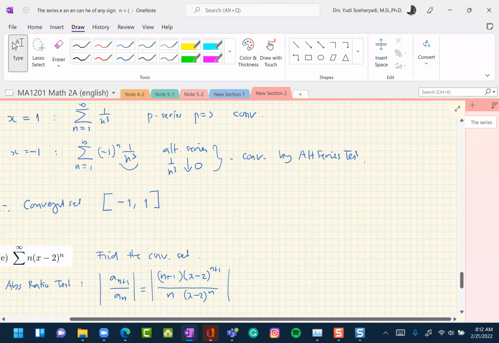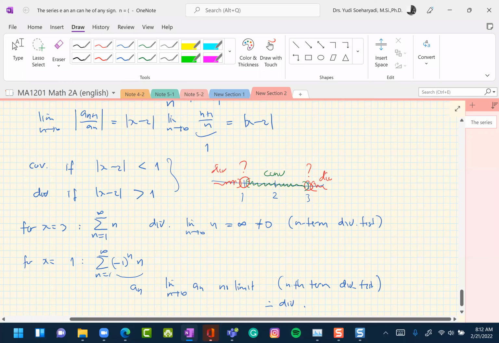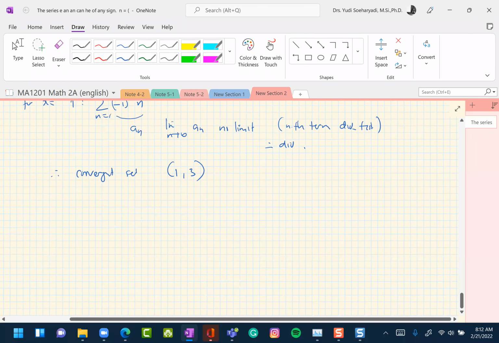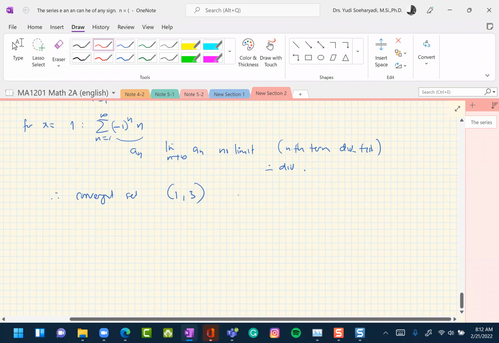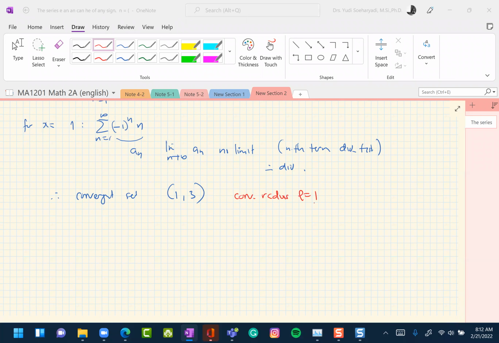So here we have convergence radius, or rho is 1. Same thing here, here's also a convergence radius. Okay, so let's see the convergence radius.